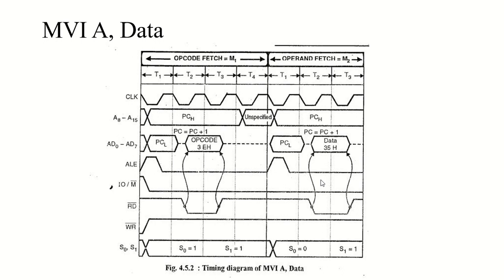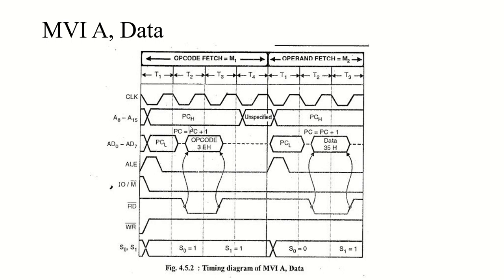So during opcode fetch what will happen? The address is given by program counter, right? For the opcode fetch cycle the address is given by program counter and it is incremented by 1, and now it points where the operand is stored, right? So this 3EH, what is it doing? It is pointing where the operand is stored. And what will happen during the operand fetch?